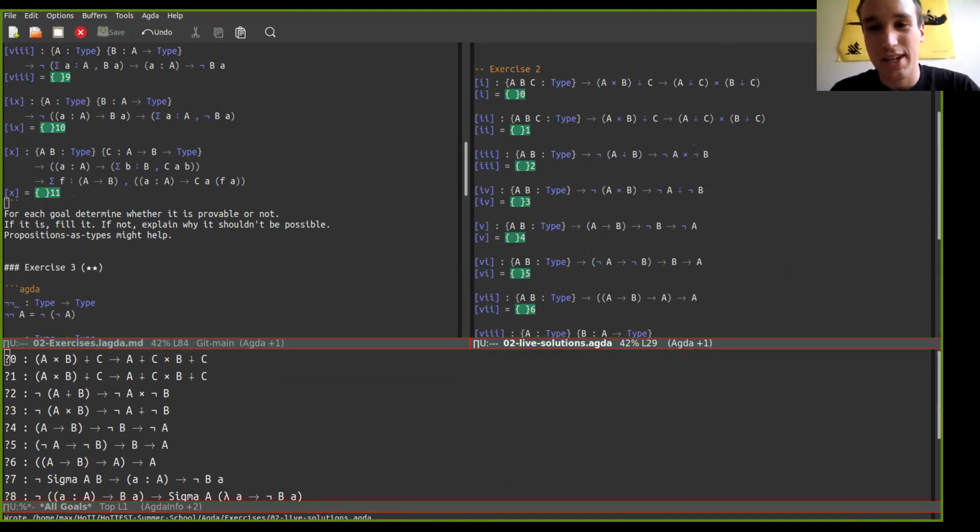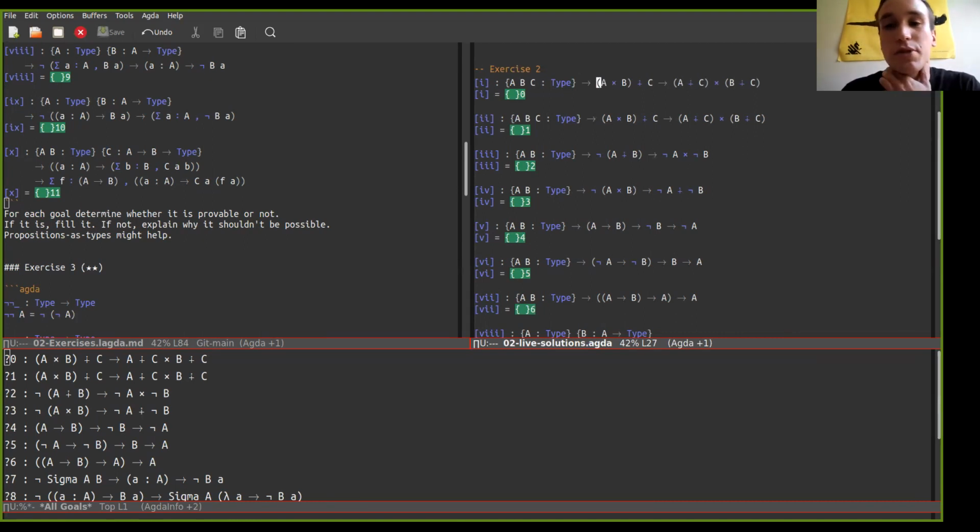And maybe we can have a little poll every time. You can write in the chat whether this goal is fillable. If you're unsure, think about what the meaning of this is under propositions as types. And do you think this is a tautology in constructive logic or intuitionistic logic?